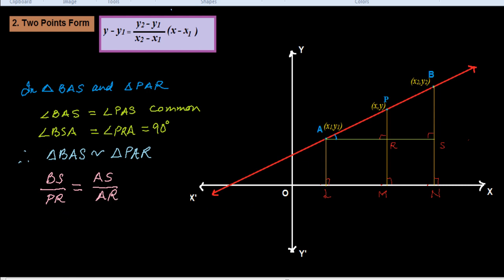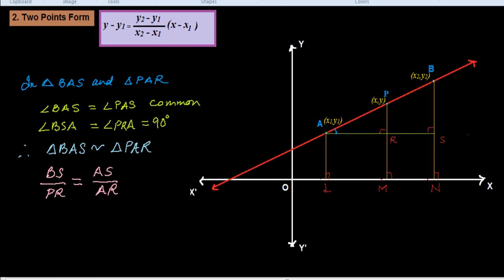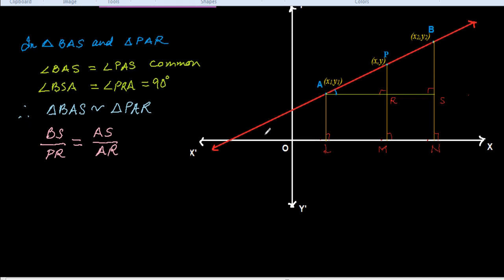So we'll put the value of BS. How will we get the value of BS? Because BN is y2 and SN is y1, BS is y2 minus y1.